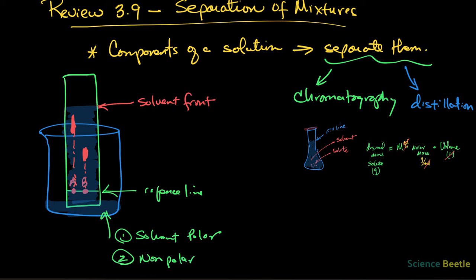So let's take the first example here. What if the solvent here is polar? Well, if it's polar and we saw this arrangement, then we would say that because A traveled the furthest up here, to very high, the distance or the length traveled here, A is actually more polar than B. And if it were the other way around, if we do the example here where the solvent is a non-polar solvent, that would then put the scenario here that if A traveled the furthest, then A would be more non-polar than B would, because B didn't travel that far.